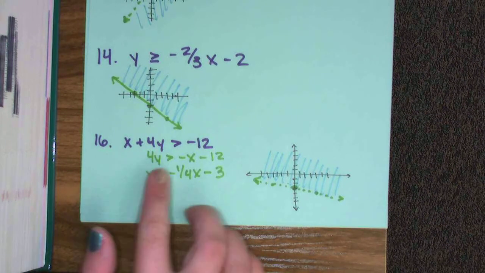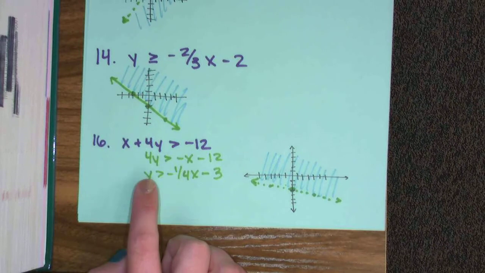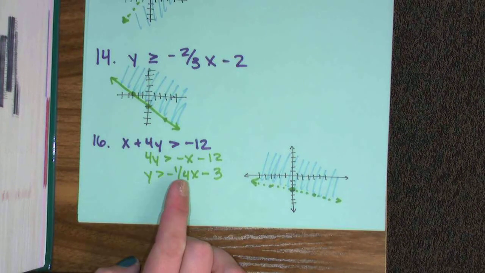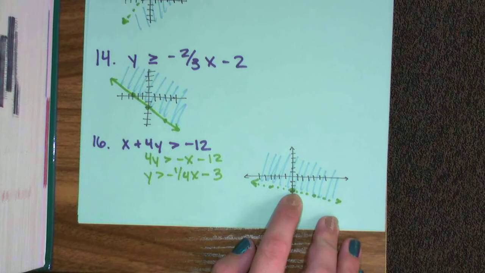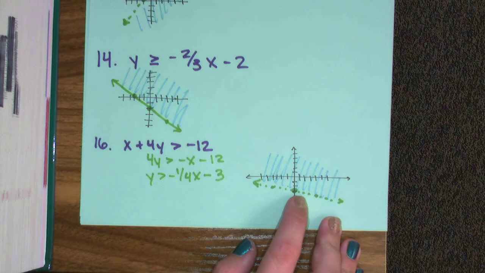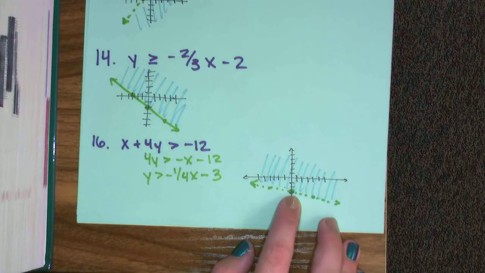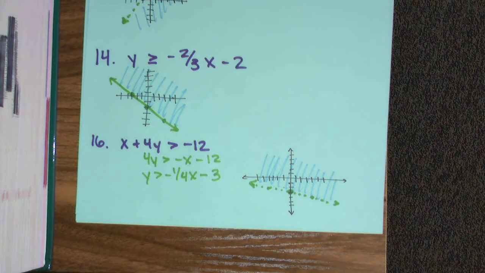Okay, so you had to get y by itself by first subtracting x, then dividing by 4. And so then you should have the point down here at negative 3, and then a slope of being down 1 and over 4. And then trying the point 0, 0, that makes it so that we would shade above.